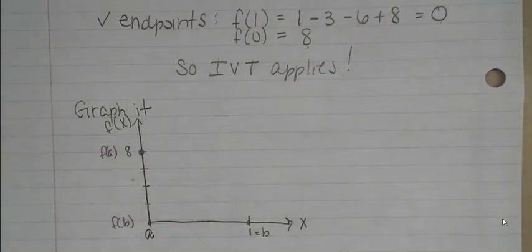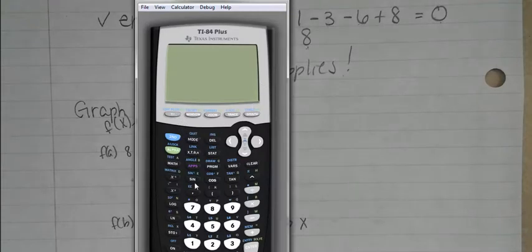I'm going to graph this so that I have an idea of what the rest of this thing looks like. I'm just going to turn it on first. And my window, I just care about it being between 0 and 1.